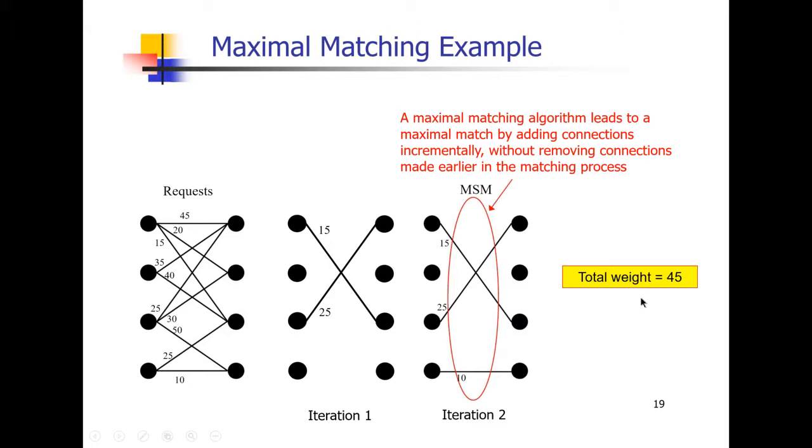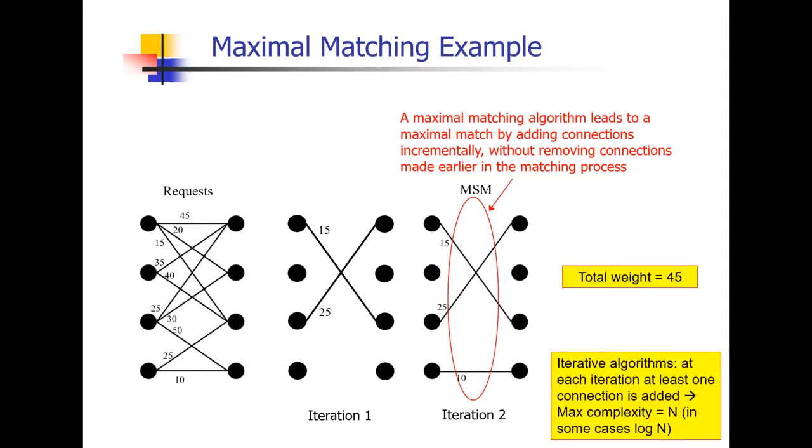We selected only 3 cells. Total weight is 45, which is even less than the maximum size. And we also selected fewer cells than in the maximum size, but with a much simpler computational process.